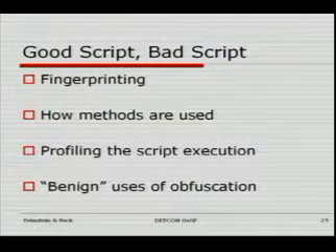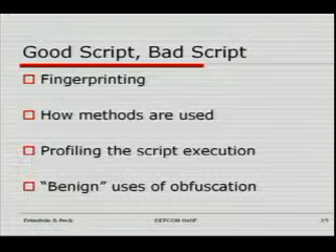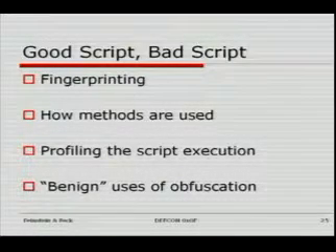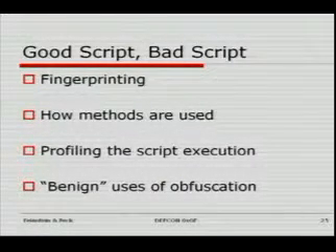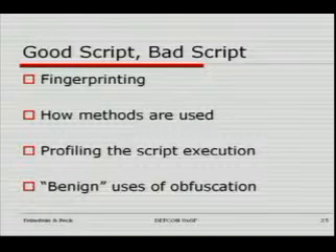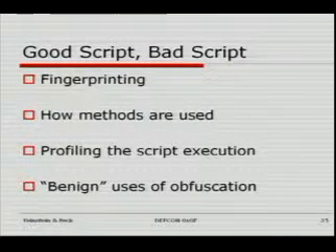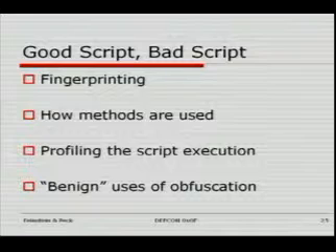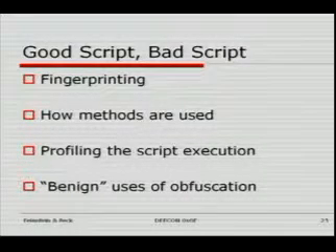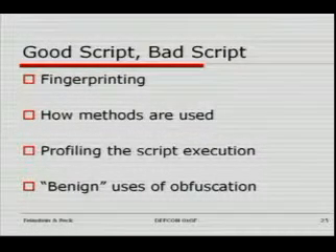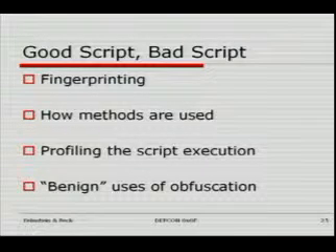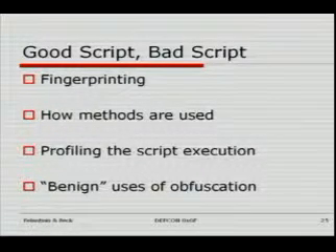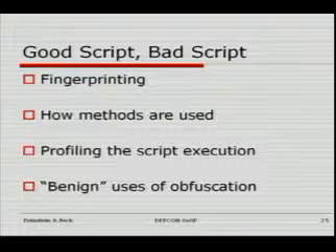So the idea was to look at the usage of all these methods and calls and compare running the corpus of benign JavaScript through the tool versus some samples of known malicious JavaScript. Essentially, we were profiling the script execution by instrumenting the interpreter. And like I said before, we saw some benign uses of these obfuscation and evasion techniques.